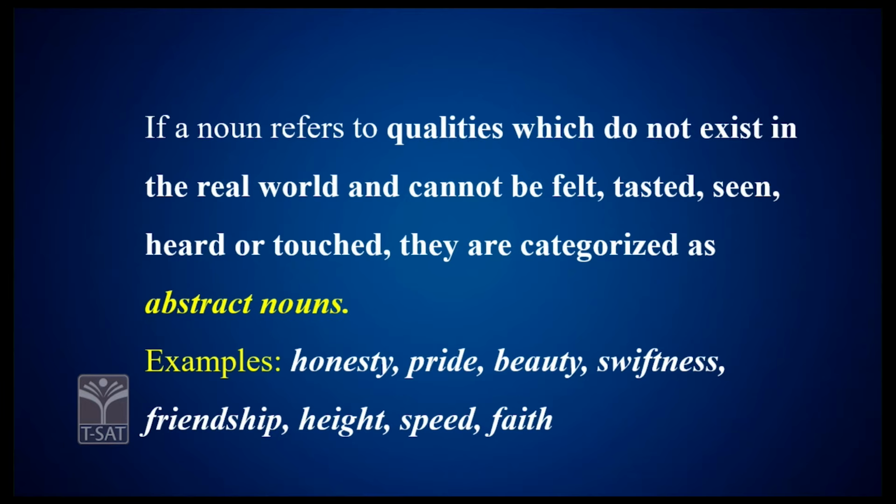The keyword here is the qualities which do not exist in the real world. Those we cannot see, cannot hear, something like that, which cannot be felt, tasted, seen, heard or touched. They are categorized as abstract nouns.